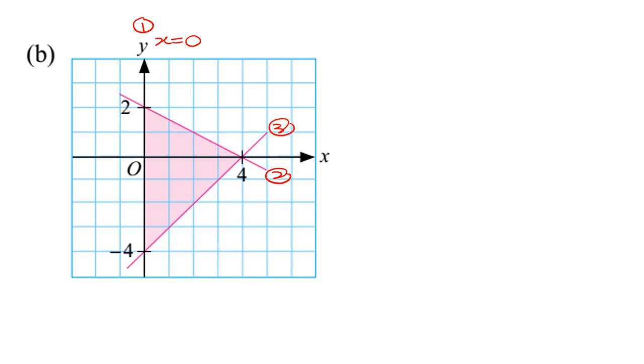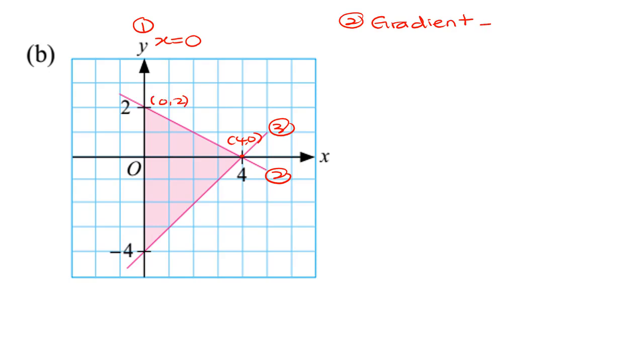For the second line, we have to write the equation. First find the gradient. So get 2 points. The first one is 4, 0, and the second one is 0, 2.